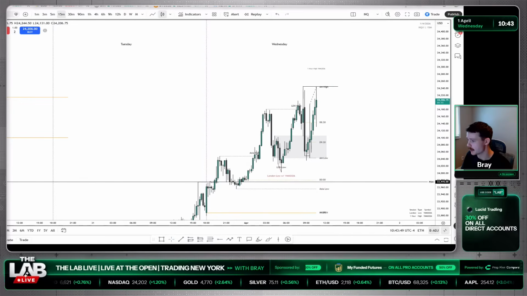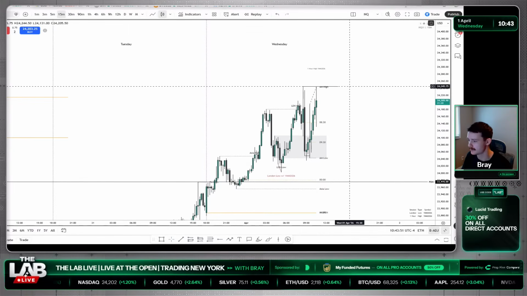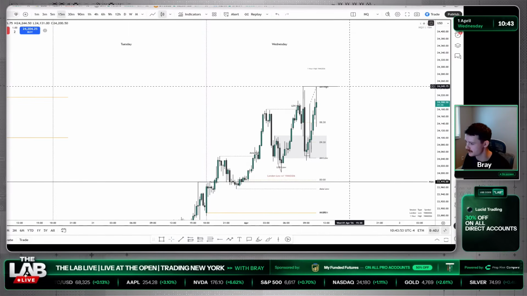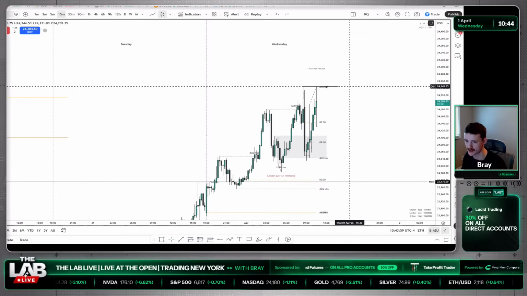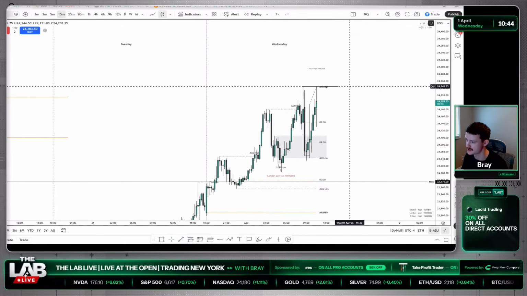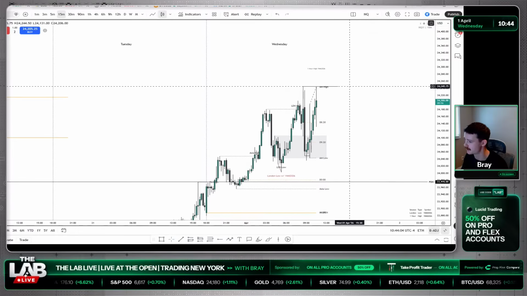Do I believe in the algo? I have a hard time believing that the market runs on one singular algorithm. I think the market is made up of a ton of different algorithms. Because if it was one single algorithm, it'd be pretty easy to decode it and find out how it works.